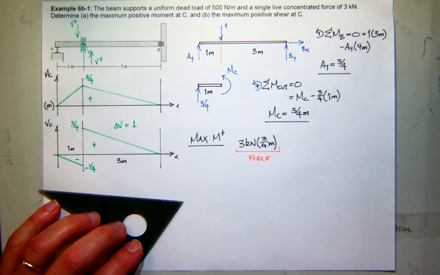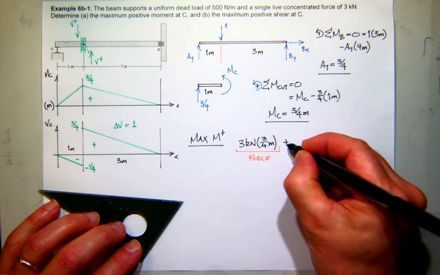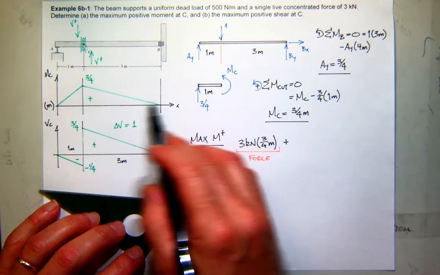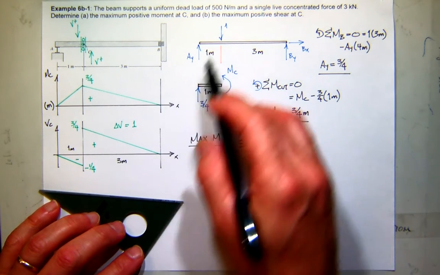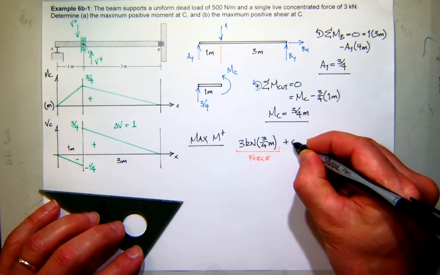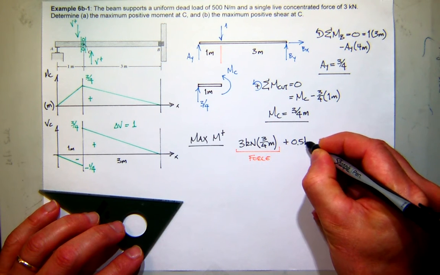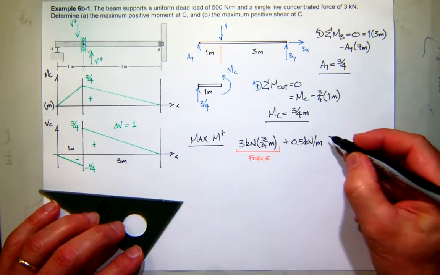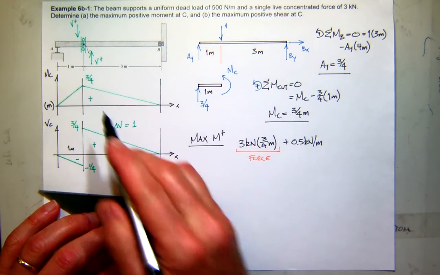And then I'm going to add to it the uniform dead load, so it has to go over the whole structure. That's going to be 0.5 kilonewtons per meter. That's 500 newton meters. And then the area of the influence line.